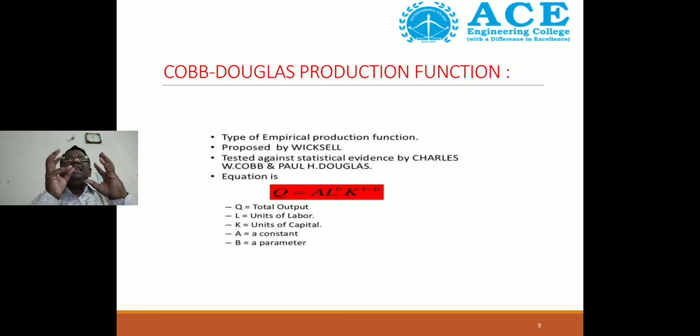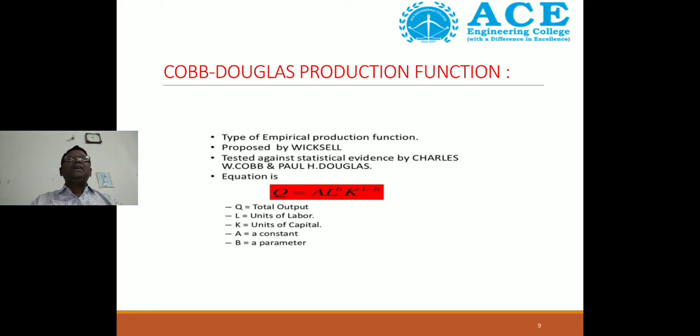Then what is the equation of the Cobb-Douglas production function? The Cobb-Douglas production function equation is Q equal to A into L to the power of B, K to the power of 1 minus B. What does Q indicate?